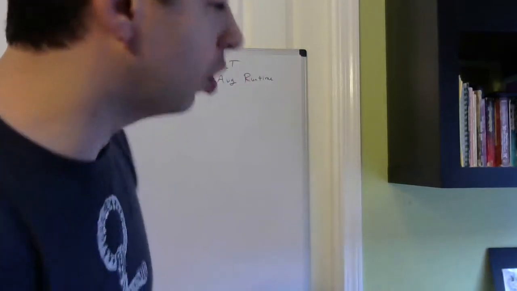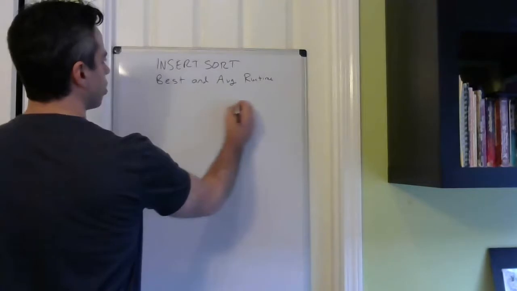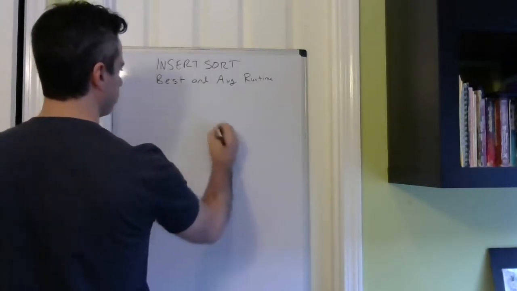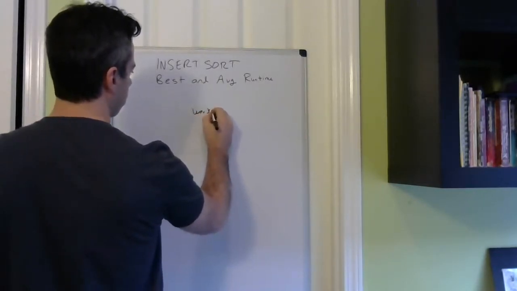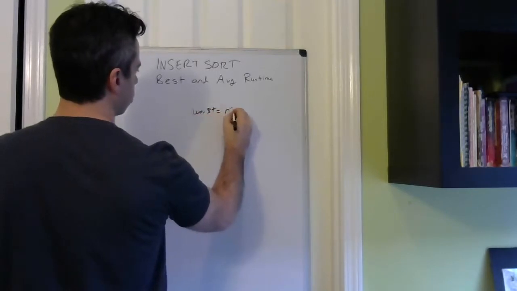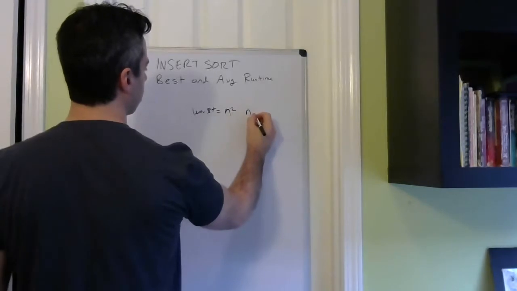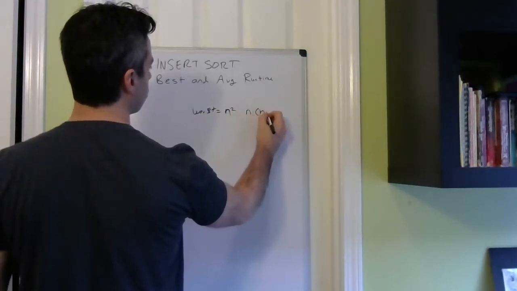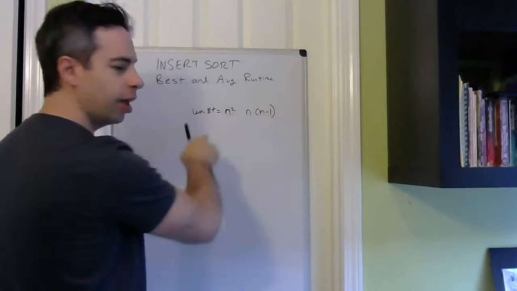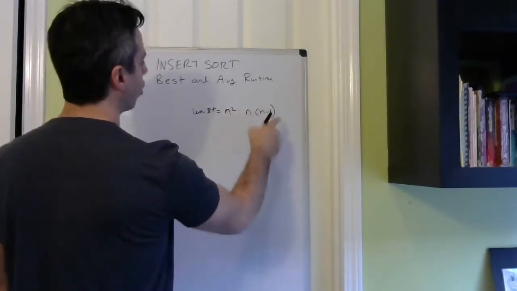As a review, the worst case equals n squared. Why was it n squared? Because you're taking n elements and comparing each to up to n minus 1 other elements.